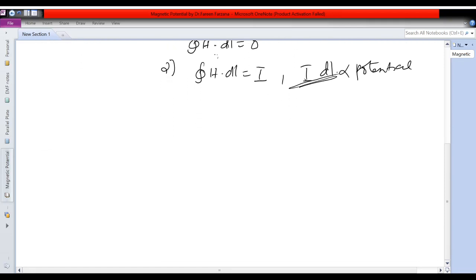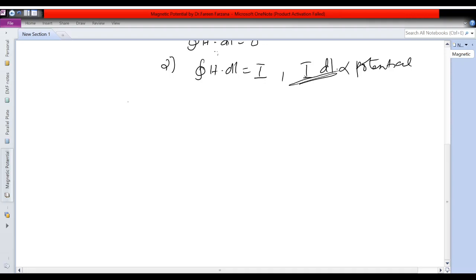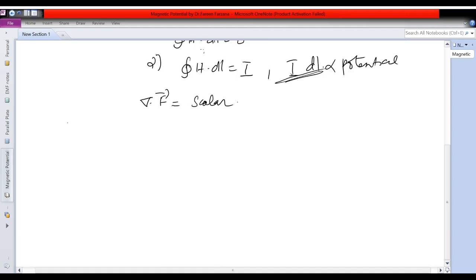Next, the divergence of a vector. Always remember it's a universal fact that the divergence of any vector, del dot F, results in a scalar quantity. The output of the divergence of a vector is a scalar quantity. So to start with the derivation, first let A vector be any magnetic vector potential.